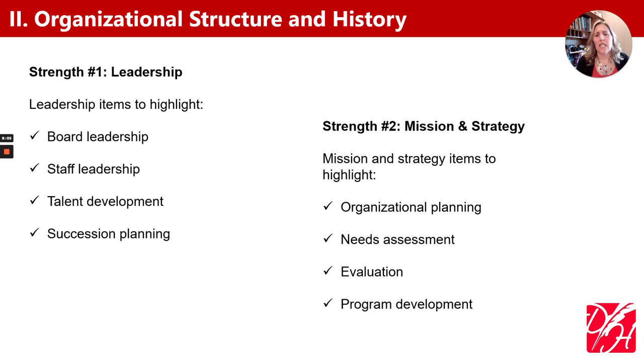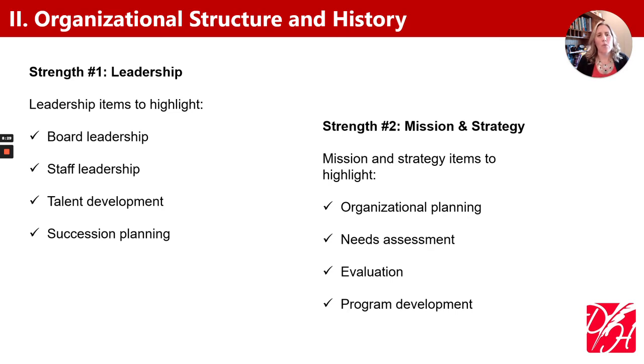The first is leadership. So what sort of things might we highlight in an organizational capacity narrative related to leadership? We might talk about the leadership, the partnerships, the experience, the connections of our board members. Or maybe it's about our staff, our executive leadership, or our founder.